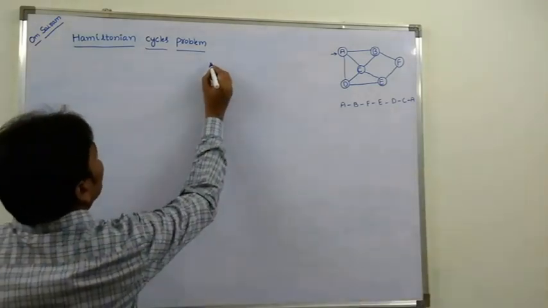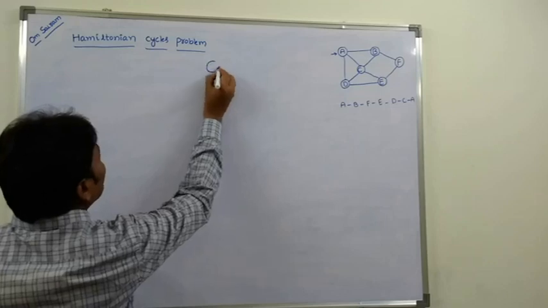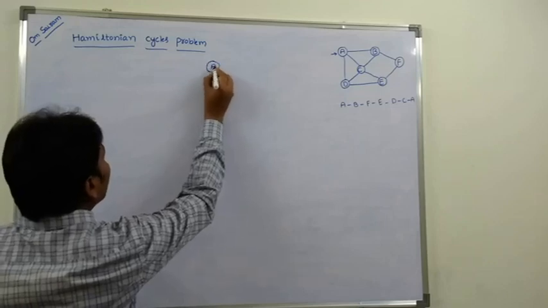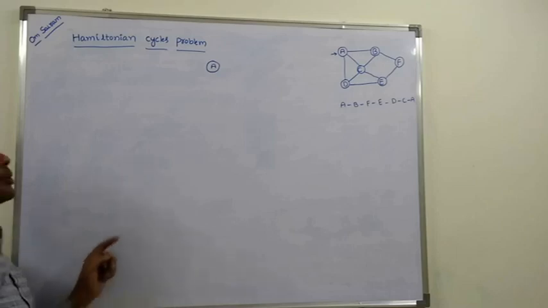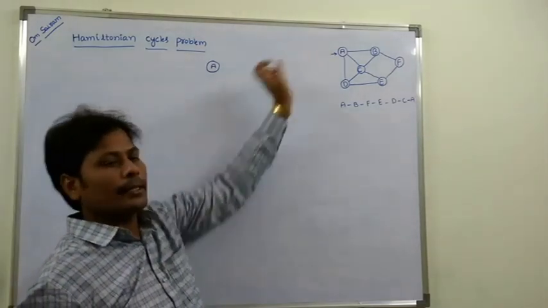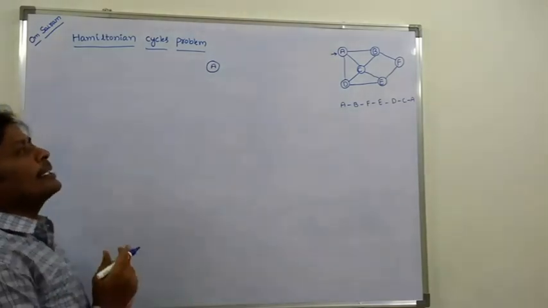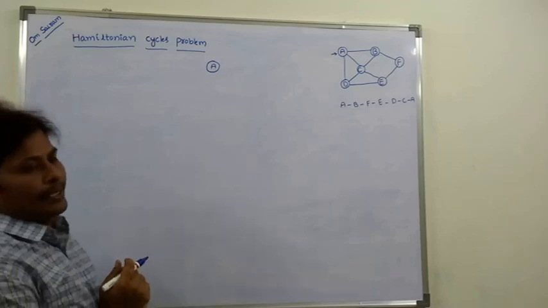First we take a starting vertex, that is A. The root node is the starting vertex. What are the adjacent vertices for vertex A?